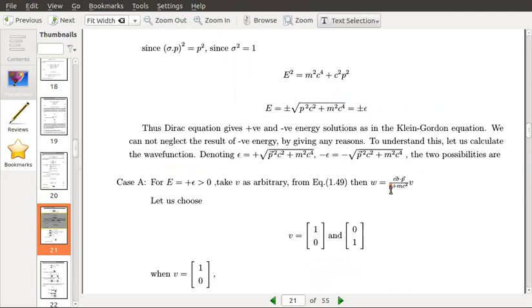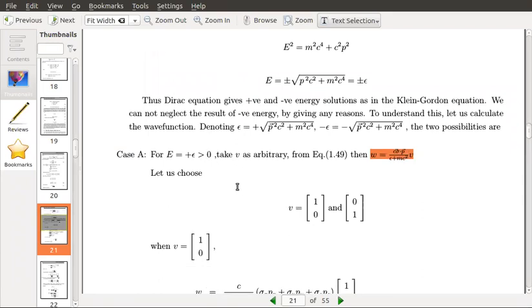So W equal to c sigma dot P divided by epsilon plus mc squared, into V. So nothing wrong with this equation, because the denominator is always positive. The denominator has no chance to be zero. So this is a positive acceptable quantity, and E equal to plus epsilon is an acceptable option.